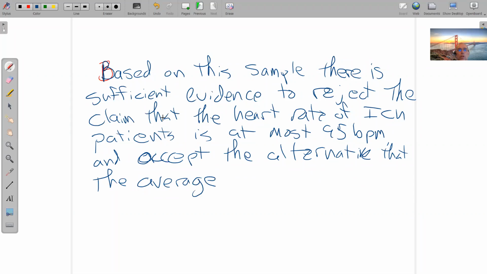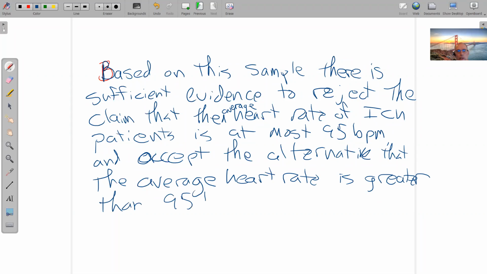Ooh, I didn't put average earlier. It should be average heart rate right here. That the average heart rate is greater than 95 beats per minute.